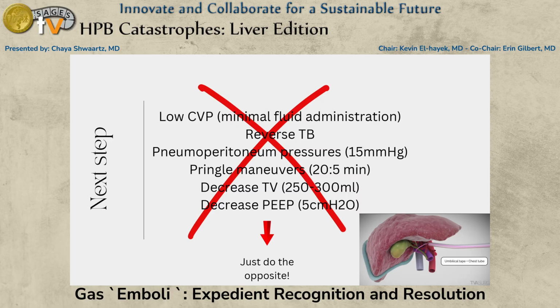We want to do a Trendelenburg, and decrease the pneumoperitoneum pressure to about 9 or around that number, just to prevent increasing the emboli. We of course stop the Pringle maneuver and increase the tidal volume and the PEEP.